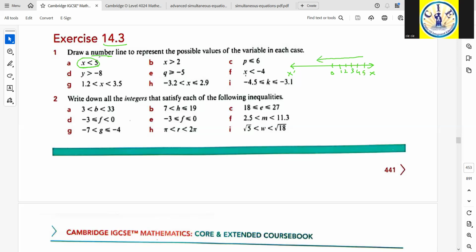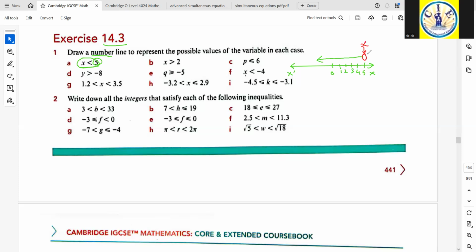Now, since I need the values of a variable less than 5, at 5, I need to have a circle or a hollow circle. That would mean that 5 itself is not included.